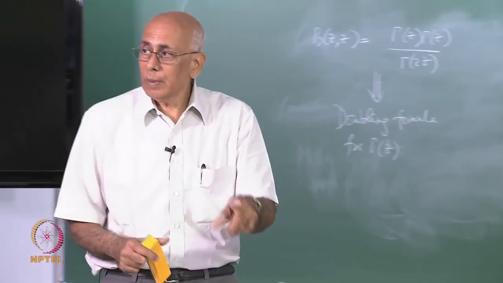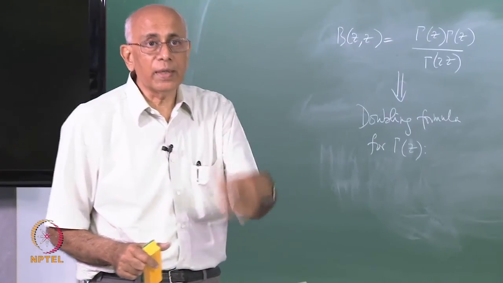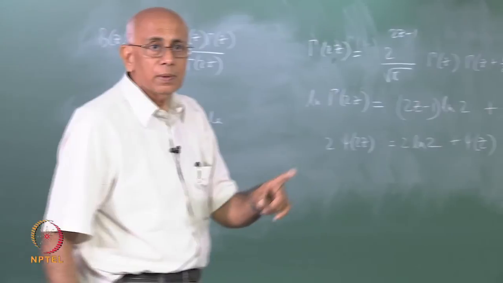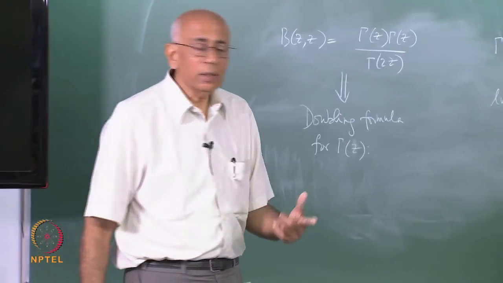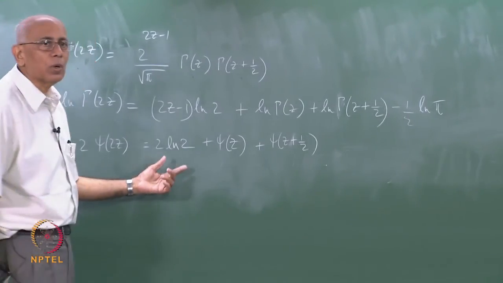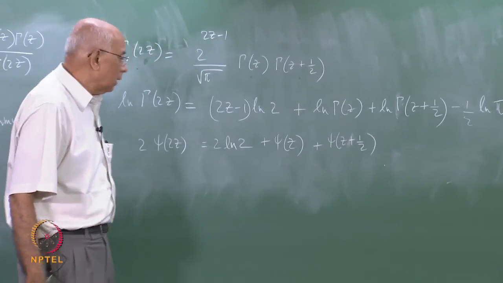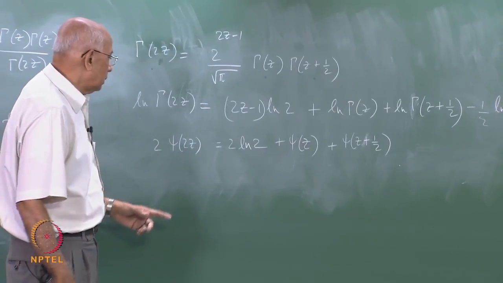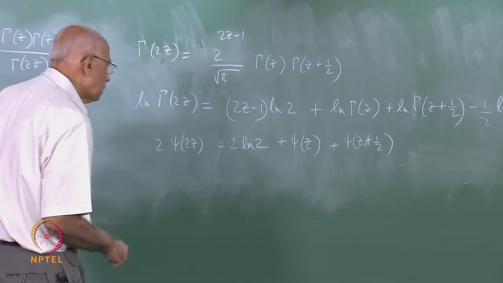So, this is going to help us find things like psi of half, 3 halves, 5 halves, etc. We already found psi of all the integers by this recursion relation, and now we can find psi of half, 3 halves, etc. and there is an extra 2 log 2 sitting here. So, for instance, put z equal to half immediately. What do you get? I want to make sure that the answer comes out right.